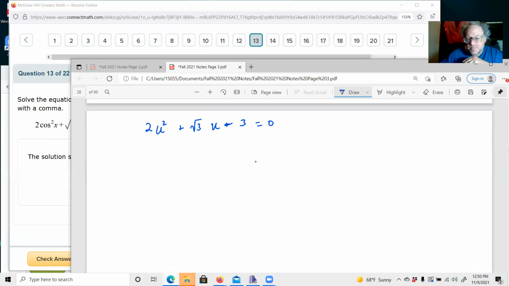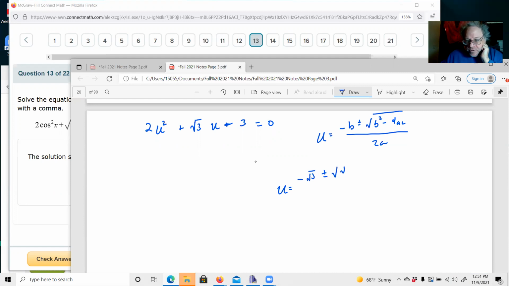Okay, we're going to say, well, u is equal to negative b plus or minus the square root of b squared minus 4ac all over 2a. All right, so you still have to know that. All right, and now we're just going to plug these things in. I know they're ugly, but we're just going to apply the formula here. Okay, we have u equals negative square root of 3, okay, plus or minus the square root of the square root of 3 squared minus 4 times 2 times c.